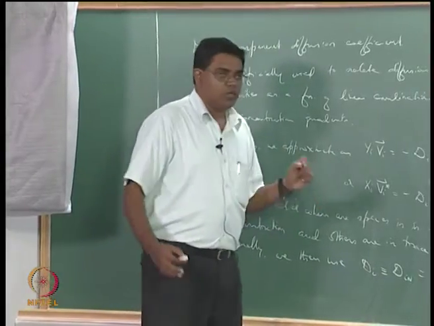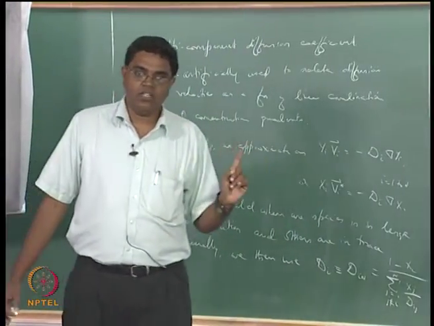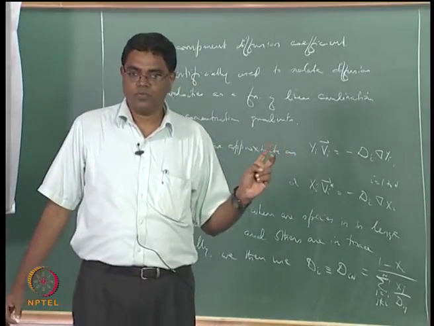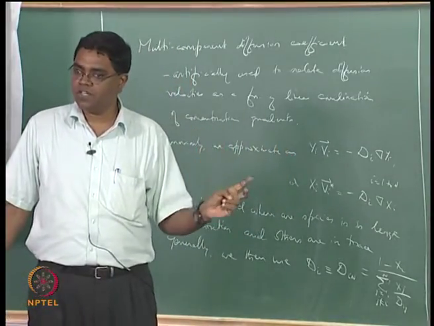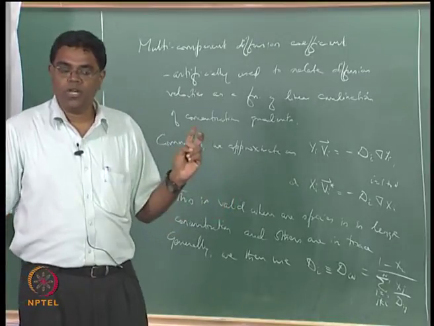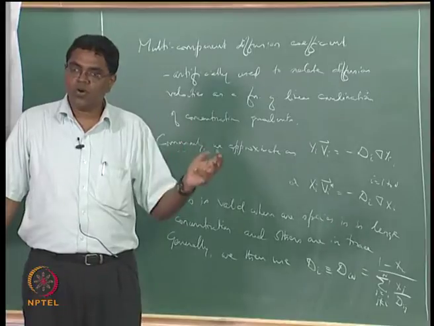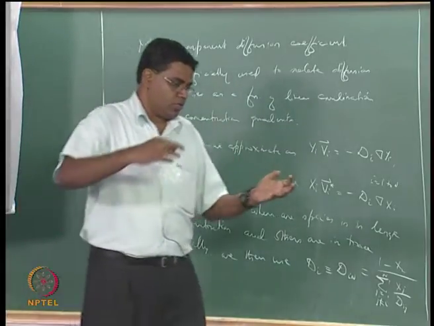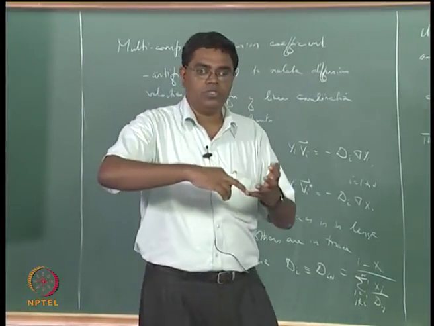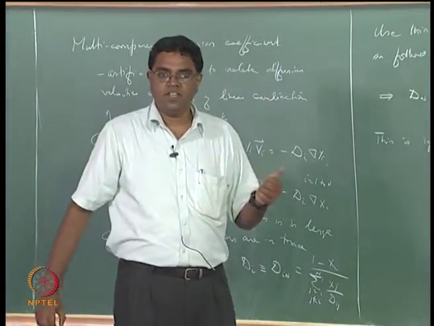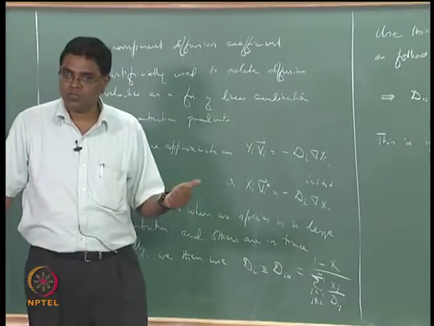Alright, so that means we have in our kitty the species conservation equation and the overall continuity equation. These are the two things that we have, and of course we also have the multi-component diffusion equation. So far, we could now count the number of unknowns in our minds. Density of the mixture is one of the unknowns.